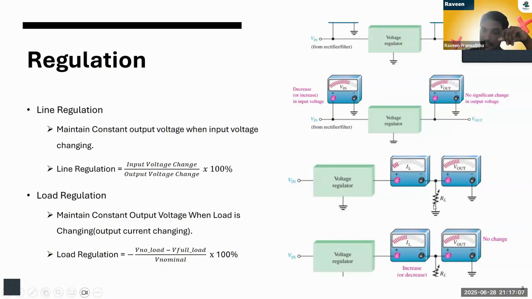When we change the load resistance, the output current changes, but the output voltage should remain constant. That is what we call load regulation.